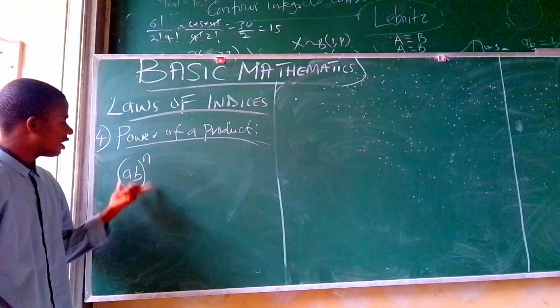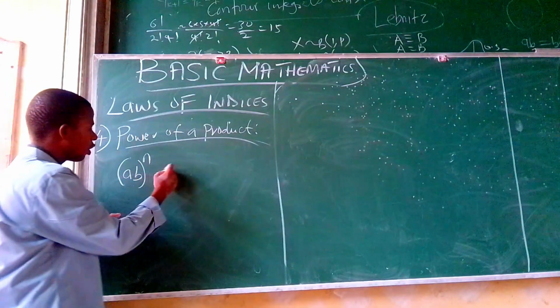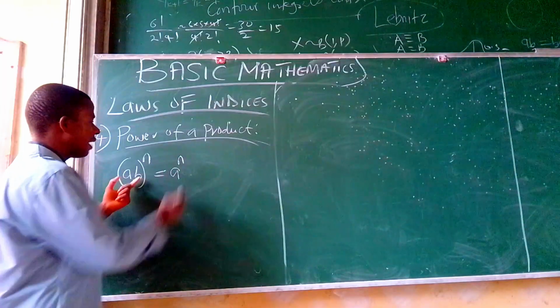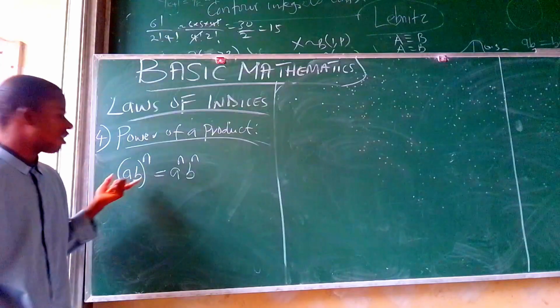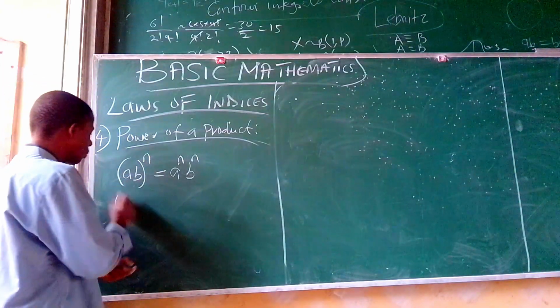Know that in this case the power is going to affect everything in the bracket. So this is going to be a raised to the power of n, and then b also raised to the power of n, because the power is affecting everything in the bracket.